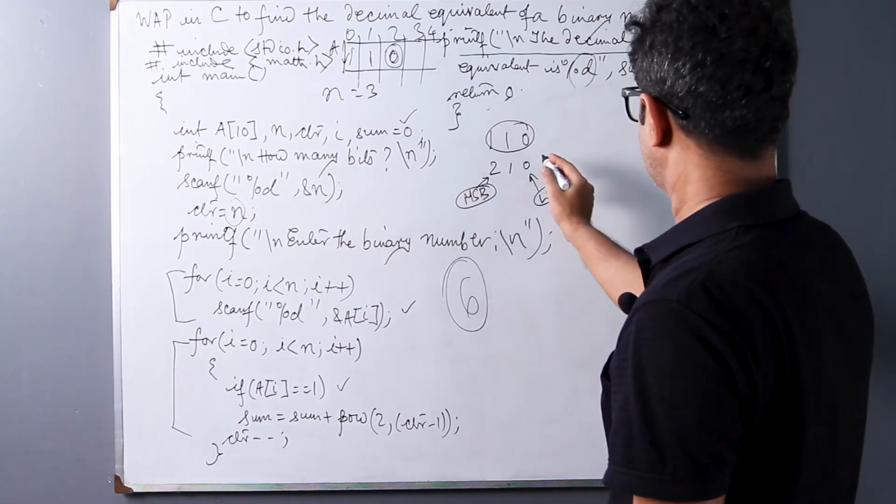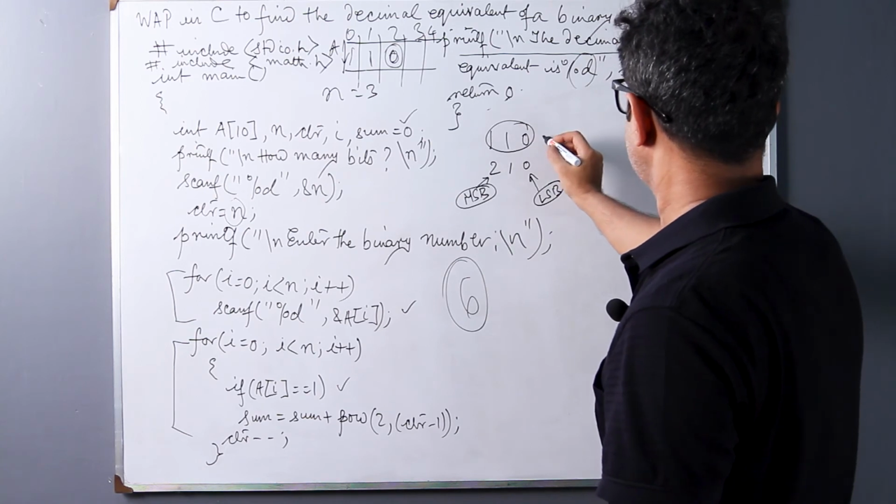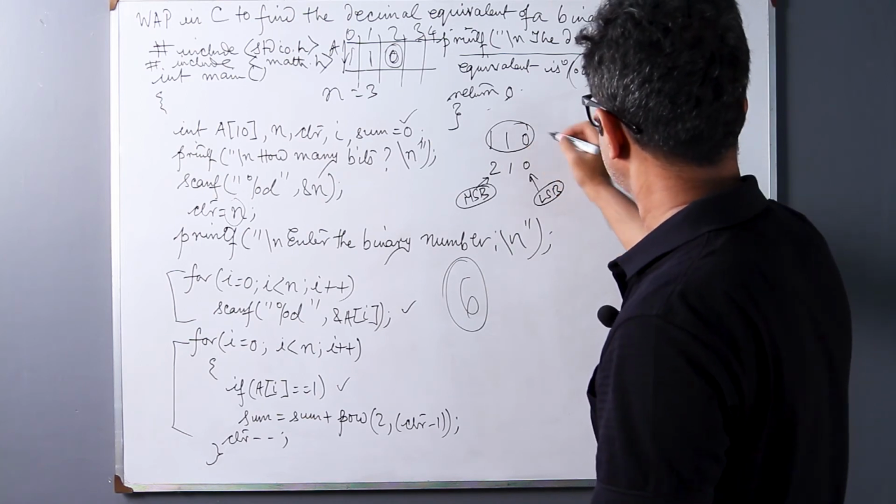Now let us see the binary arithmetic behind it. In order to convert this, we see that this 0 is in the LSB.